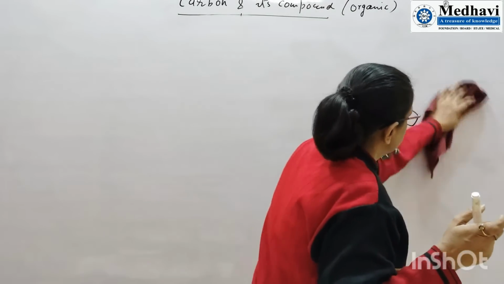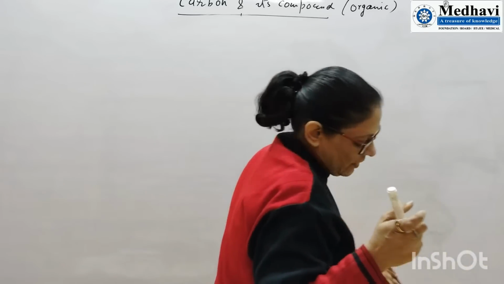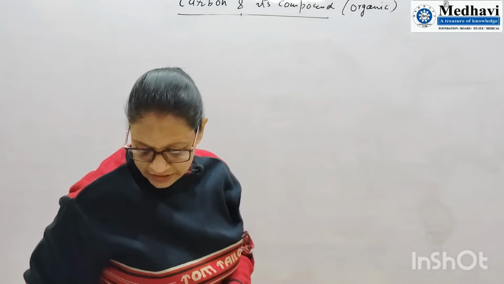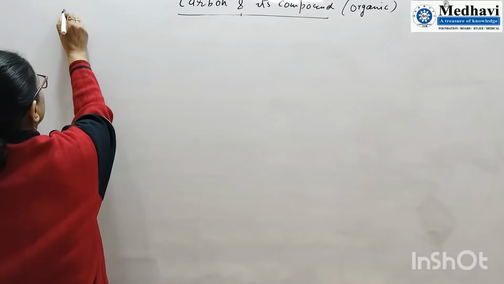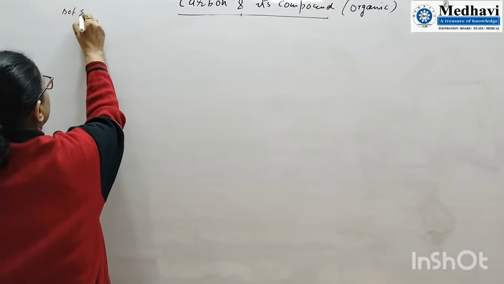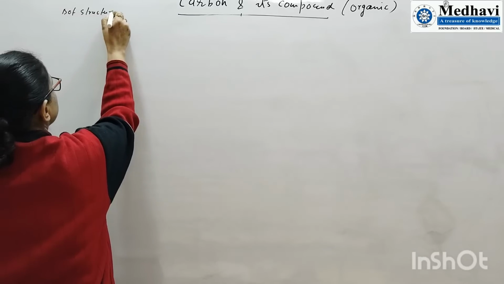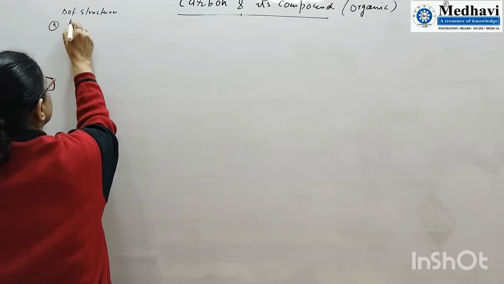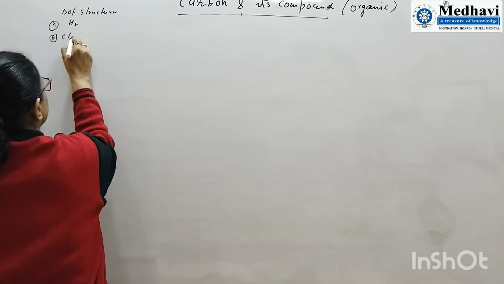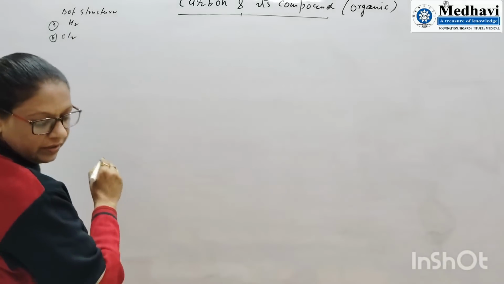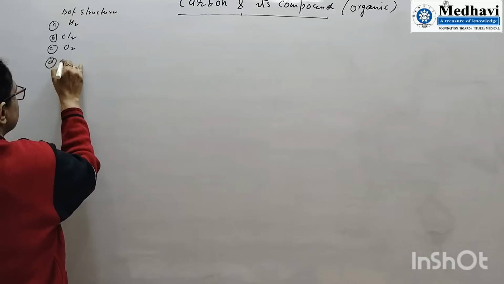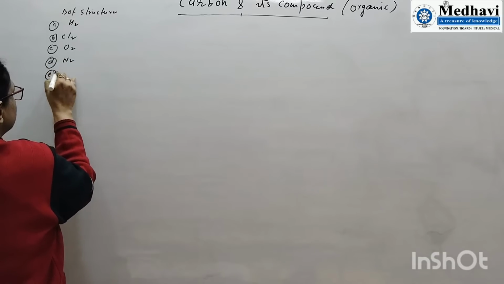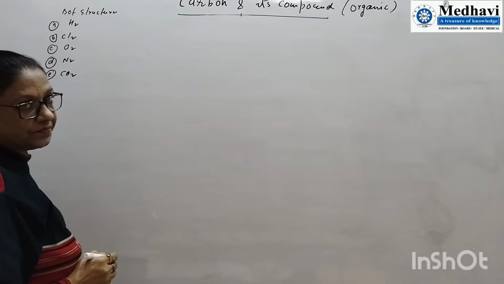Here some examples are given in the textbook and I want to explain that. First is hydrogen, second is chlorine, with dot structure. First is H2, second is chlorine, third is oxygen, fourth is nitrogen, fifth is carbon dioxide.